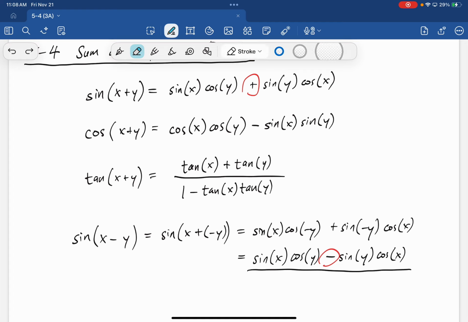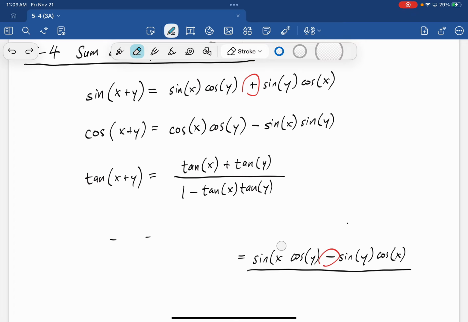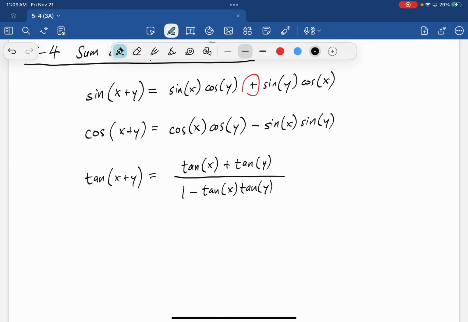Good. Okay, let me write it more cleanly. So the subtraction formula for sine: x minus y equals sine x cosine y minus sine y cosine x.